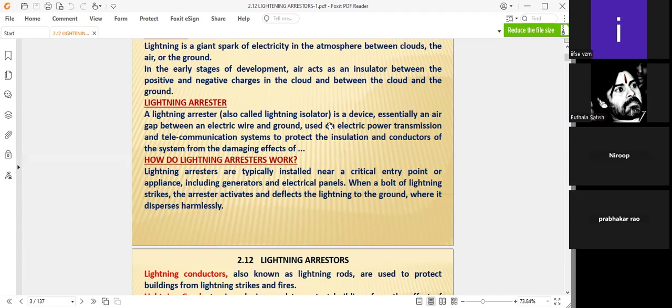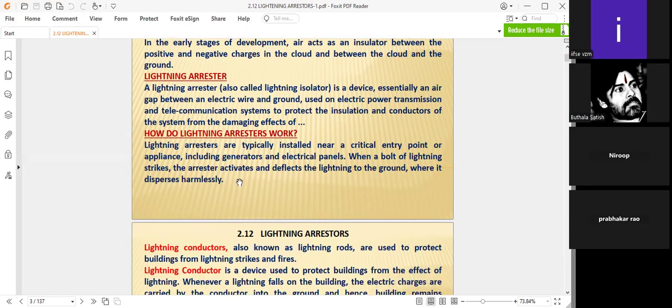That means it acts essentially as an air gap between the electrical wire connection and the ground. We will discuss how it receives the lightning, dissipates it and sends it to the earthing in coming slides.